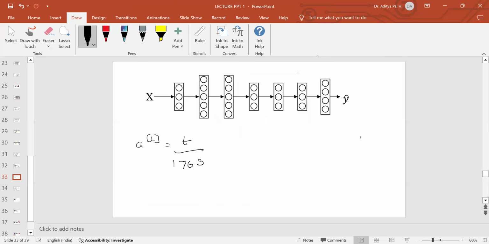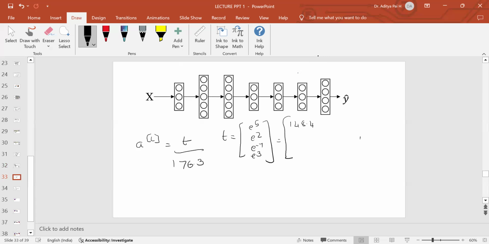How did I get this? What is this T? T is my e power 5, e power 2, e power minus 1, and e power 3.